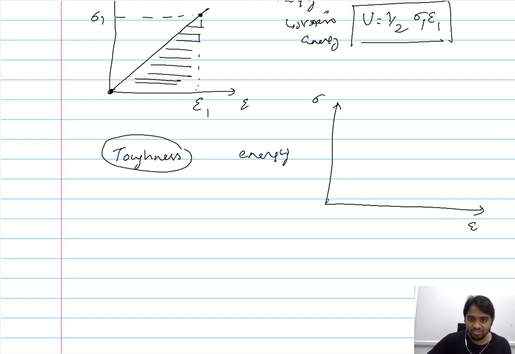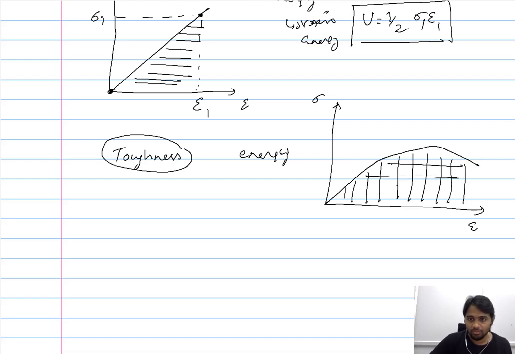So when you consider the overall stress strain curve that includes both the elastic region and the plastic region, the toughness is the area under the overall curve. So this is what we refer to as the toughness. Now we have resilience that is associated with the elastic limit, the energy absorbed and released when you load and unload within the elastic limit, and we have toughness, which is similar to the resilience.